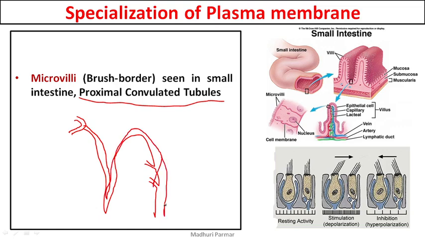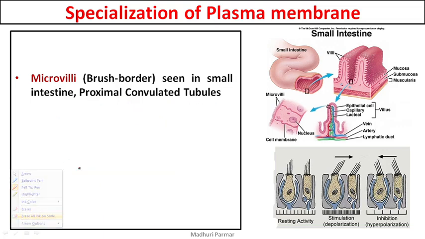Here there will be the glomerulus, this is the Bowman's capsule, then you have the neck, then the proximal convoluted tubule, and then the distal convoluted tubule. In this proximal convoluted tubule, you find some microvilli-like structures, which are just a specialization of plasma membrane.